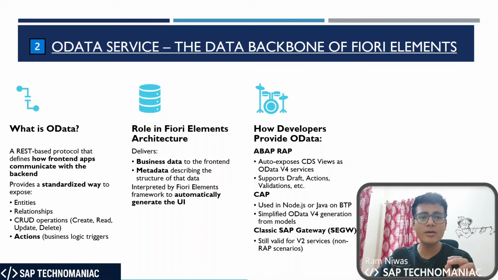How can you create the OData service? There are a number of ways you can create the OData service. In SAP, you can create the OData service normally using SCGW. You can create the SCGW project and create the OData service if your version is less than 7.4.